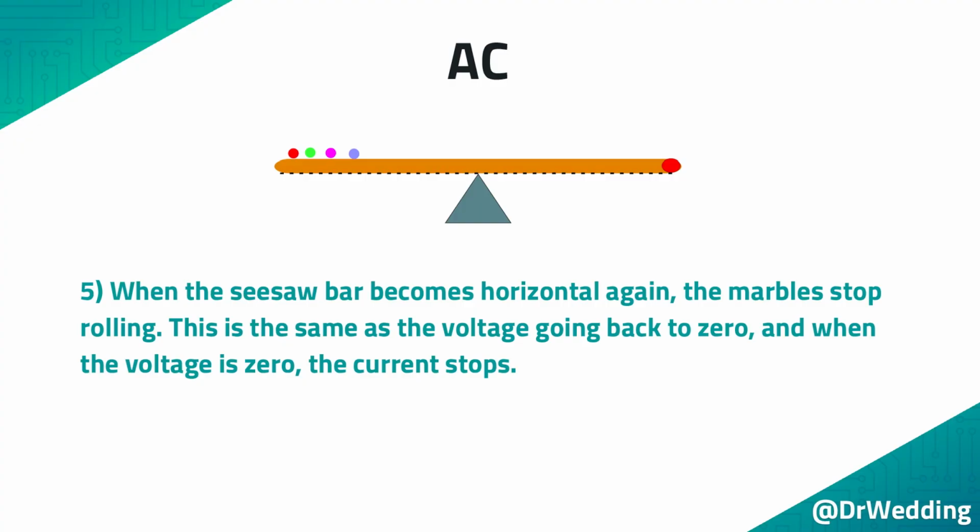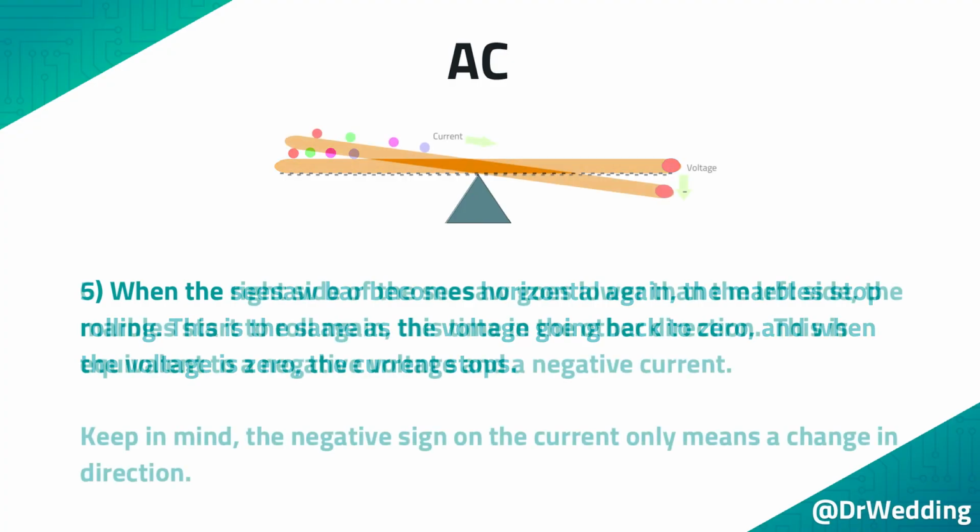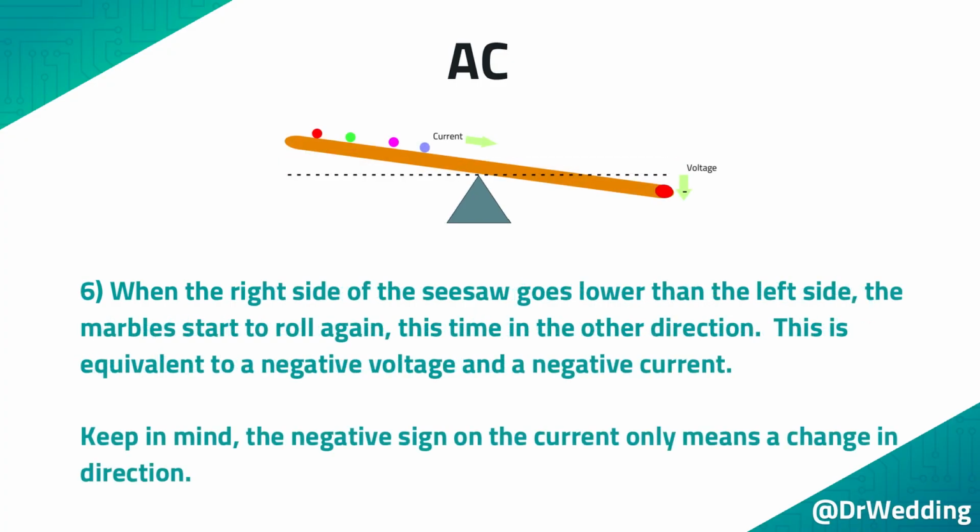And when the voltage is 0, the current stops. Step 6. When the right side of the seesaw goes lower than the left side, the marbles start to roll again, this time in the other direction. This is equivalent to a negative voltage and a negative current. Keep in mind, the negative sign on the current only means a change in direction.